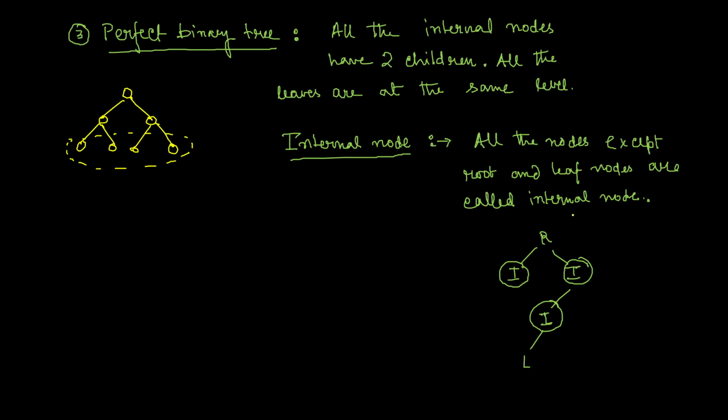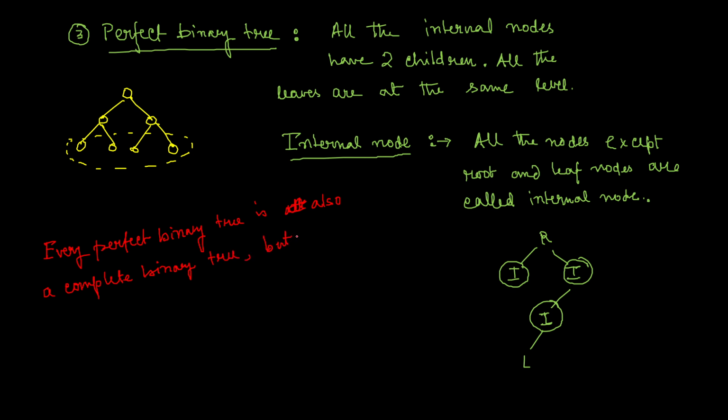So that means every perfect binary tree is also a complete binary tree, but the reverse is not true.